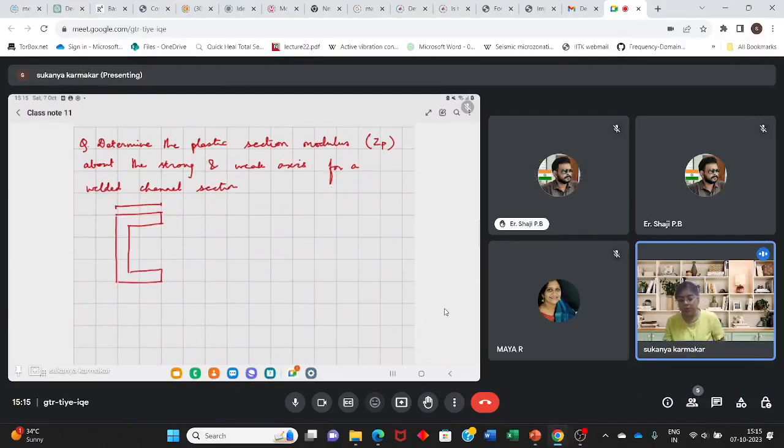Okay, so I want to find out the plastic section modulus of this welded channel section.